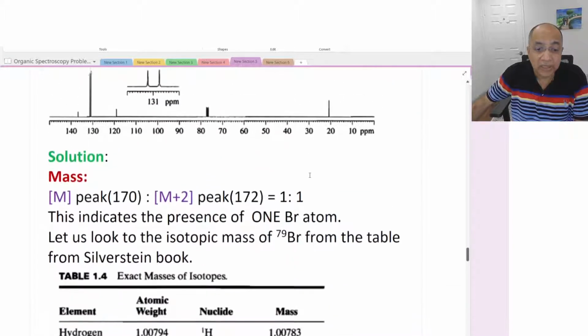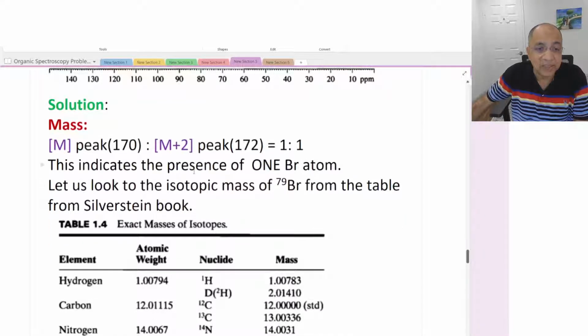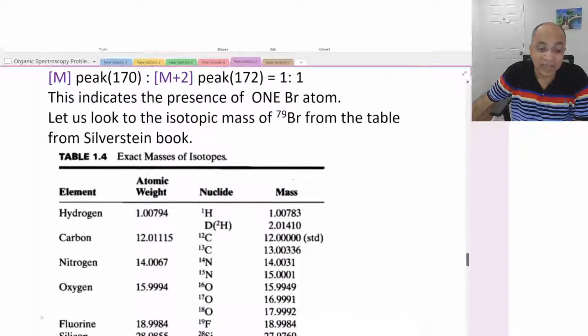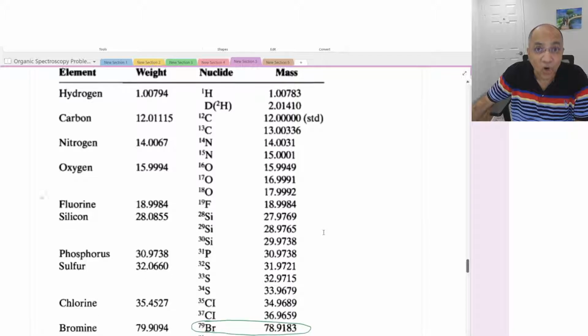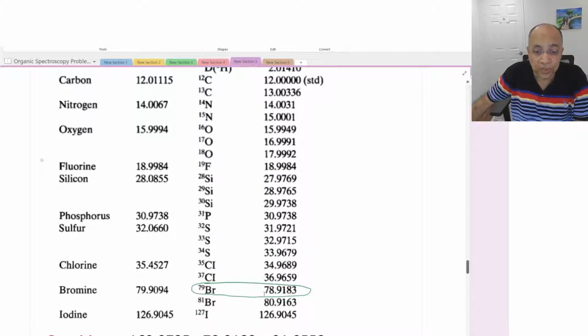Now let us subtract the isotopic mass of the equally abundant isotope having lower molecular mass, isotopic mass 79, and the exact isotopic mass of the 79 isotope is 78.9183.